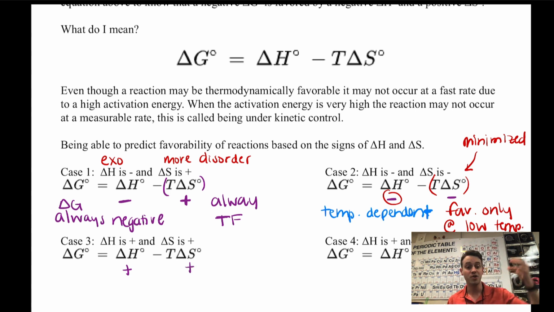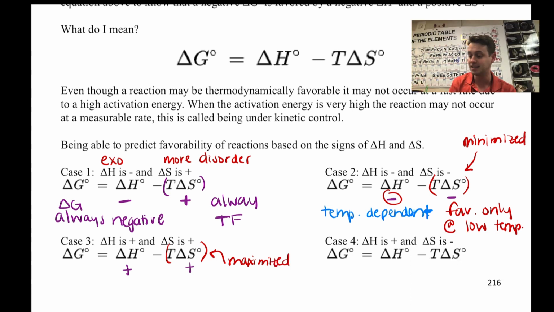Negative, negative, low. For the next one, we have positive and positive. So we have an endothermic reaction. That's not favorable, but it goes towards more disorder. So we want this factor here to be maximized. To get that to be maximized, we're going to have to be at high temperatures.